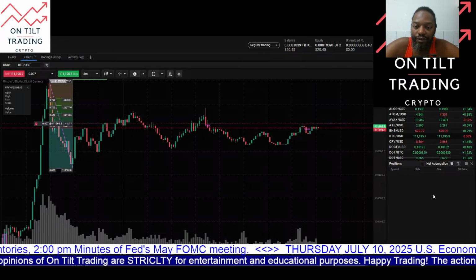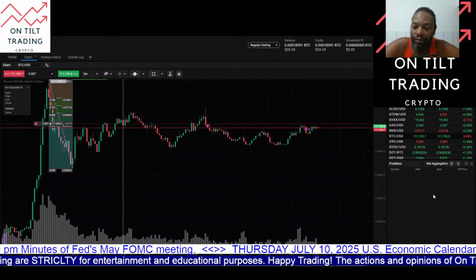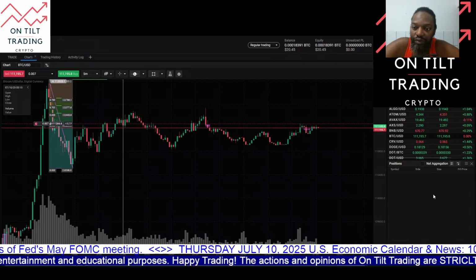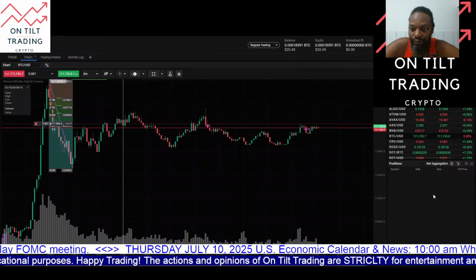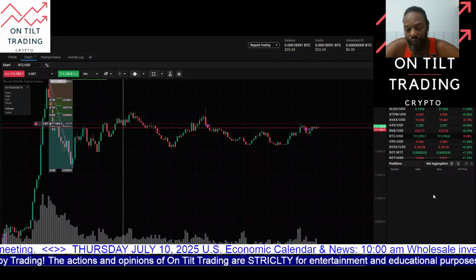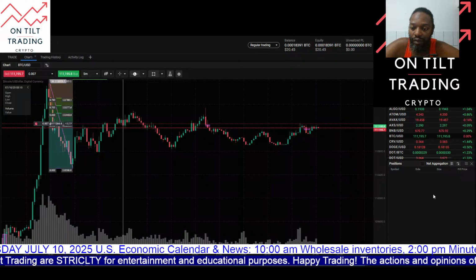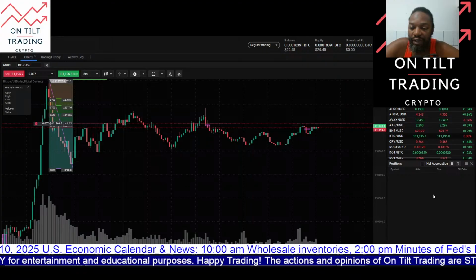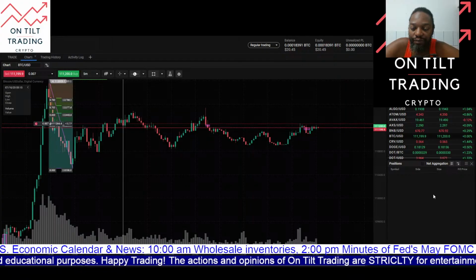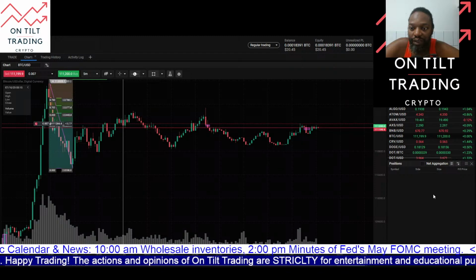Some consolidation. Price trading around the 111,200 level. Currently 111,195.7. Now 111,199.9.